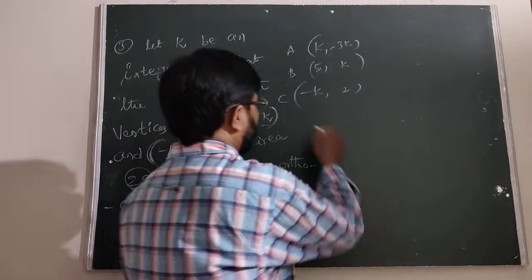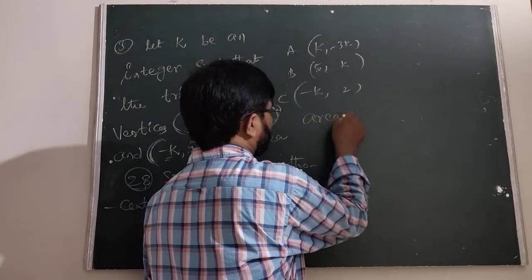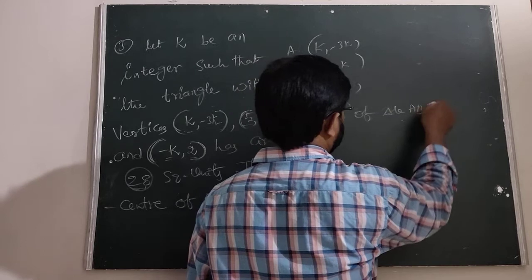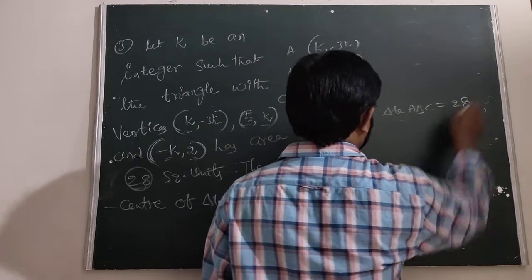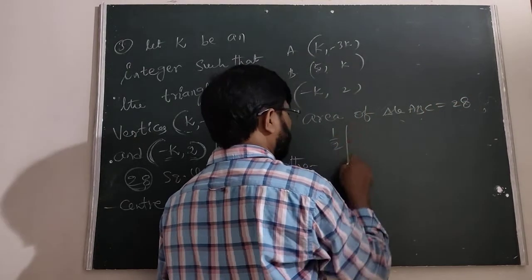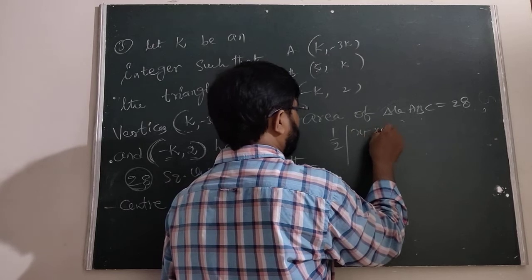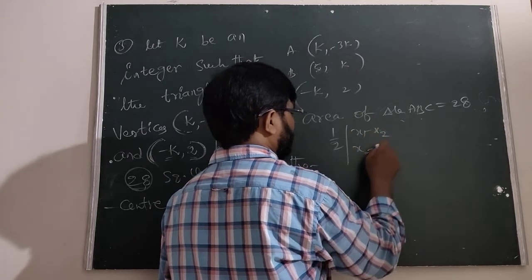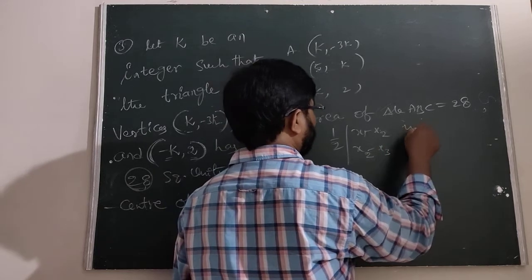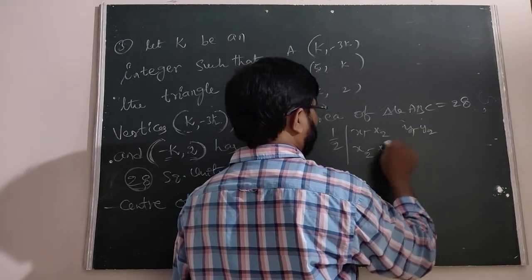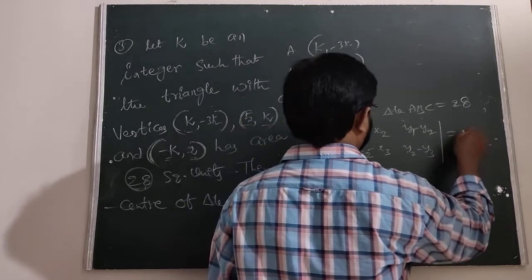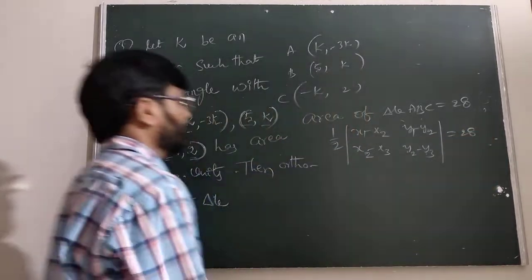The area of triangle ABC is 28. We have to know that half the modulus of the determinant with entries x1 minus x2, x2 minus x3, y1 minus y2, y2 minus y3 equals 28.